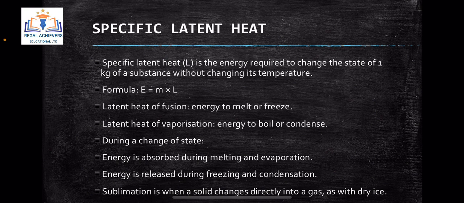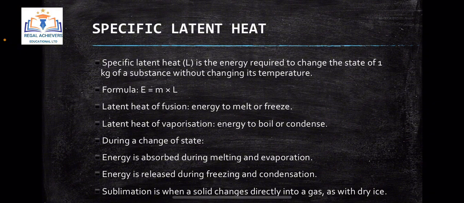Specific latent heat. Specific latent heat is the energy required to change the state of 1 kilogram of a substance without changing its temperature. And we have the formula there. The change in energy is equal to mass times the specific latent heat. And we have what we call the latent heat of fusion. Latent heat of fusion is the energy required to melt or freeze, while latent heat of vaporisation is the energy to boil or condense.